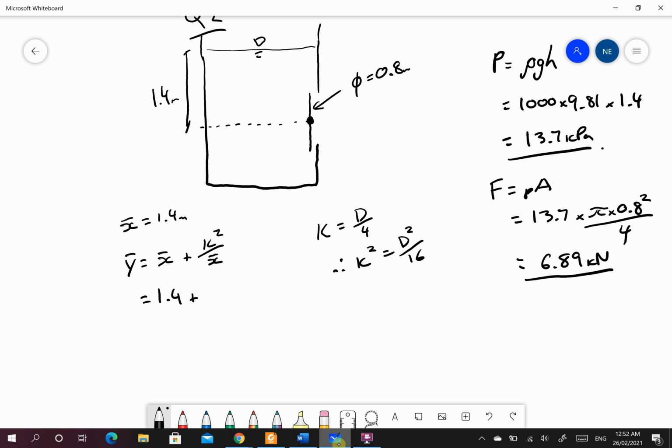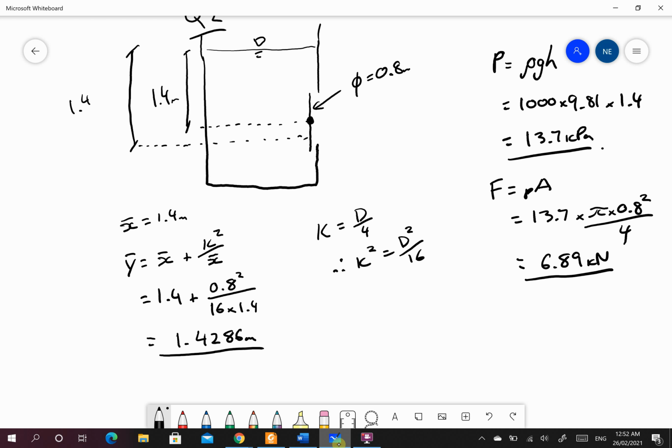So what do I end up with here? I end up with 0.8 squared over 16 times 1.4, equals 1.4286 meters from the top. So I'm 28.6 millimeters further down. Alright. So that's where the force is acting.